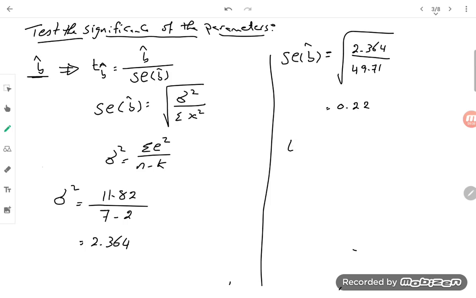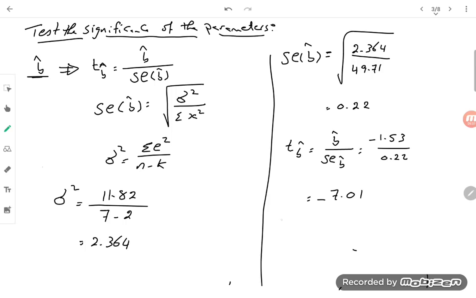Now we can calculate the value of T as b hat divided by standard error of b hat, which is negative 1.53 divided by 0.22. So it will be negative 7.01.